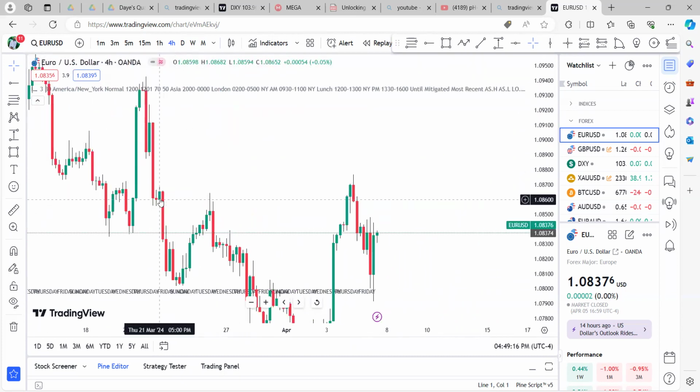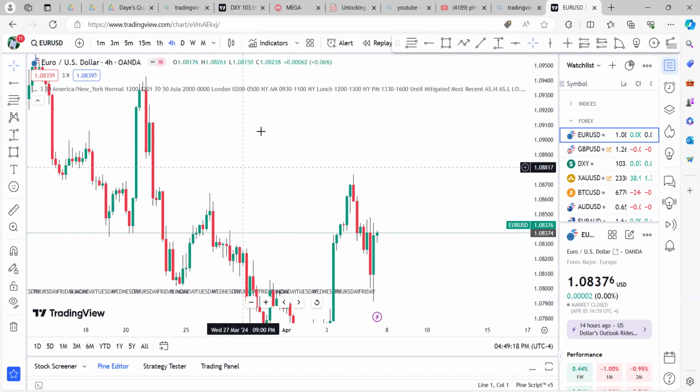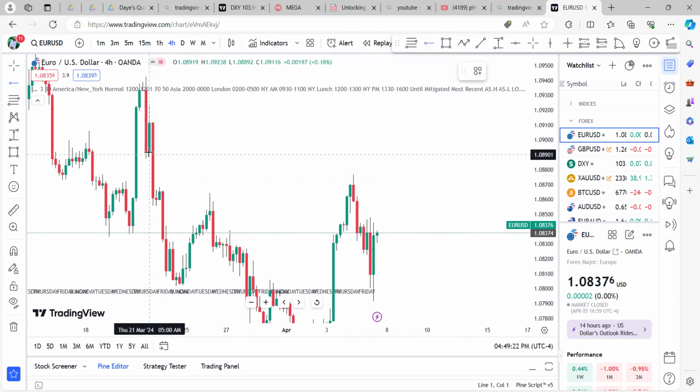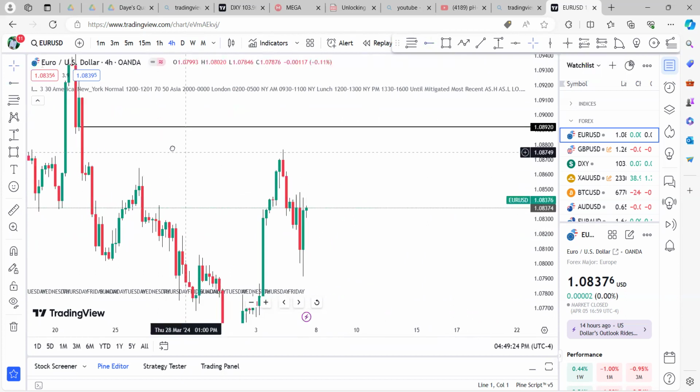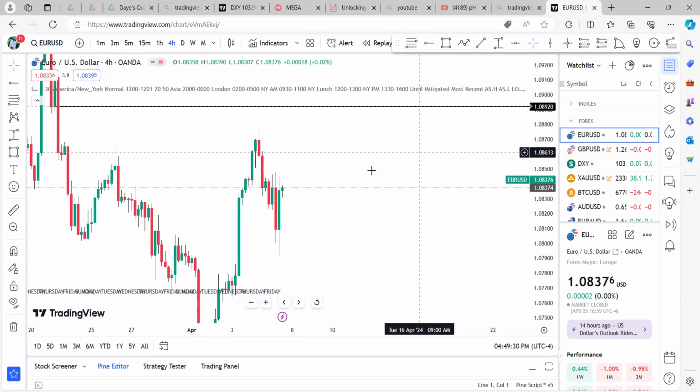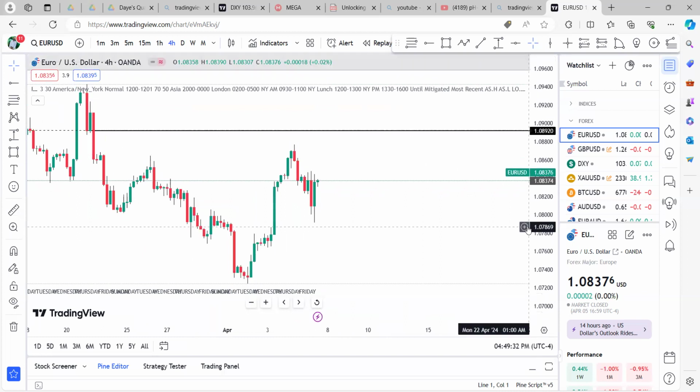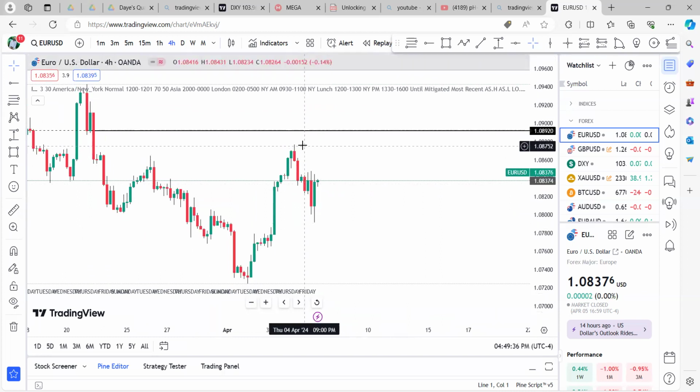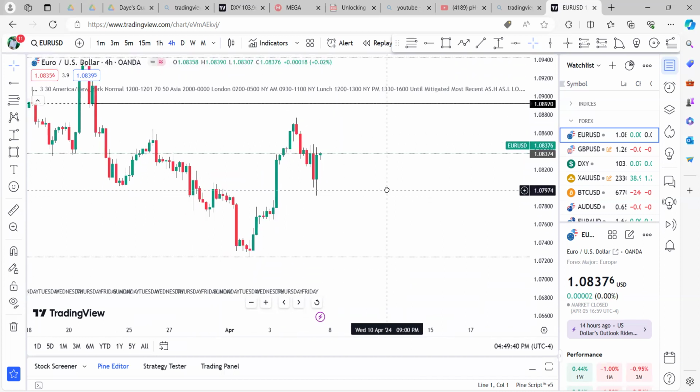This one price traded through, this one price hasn't. It is a fresh zone that you have to mark on your chart and probably put an alert there. It also has liquidity beneath it, so it's a very, very high probability order block.